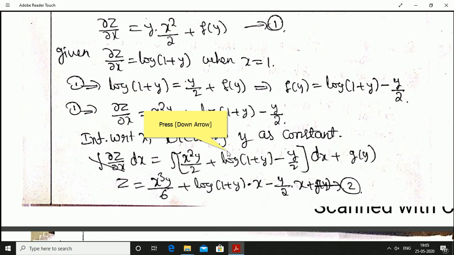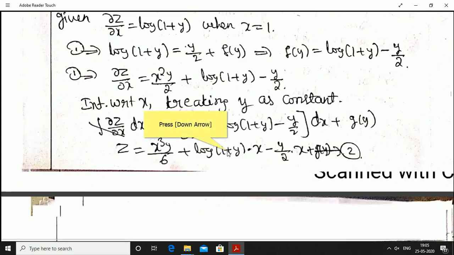Z is equal to, we are integrating with respect to dx so that y by 2 constant, x square integration is x cube by 3 plus logarithm of 1 plus y constant, 1 integration with respect to dx is x minus y by 2 constant, again 1 integration with respect to dx is x plus g of y. Call it as equation 2.